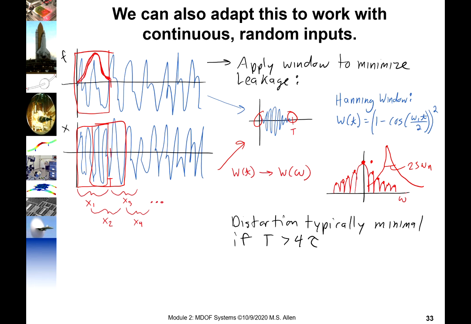So if we keep the frequency spacing small, and so we keep these points in this picket fence close together by making T large, which causes the frequency spacing omega 1 to go down, we can get a lot of points in the peak of the FRF, and then this picket fence has a lot of time to decay down before we get to our next frequency line of interest. So that tends to minimize distortion.